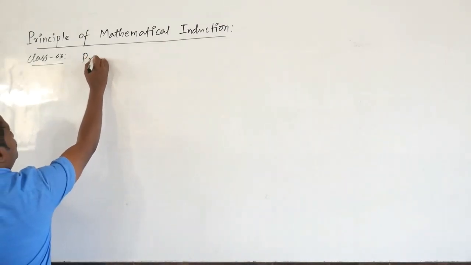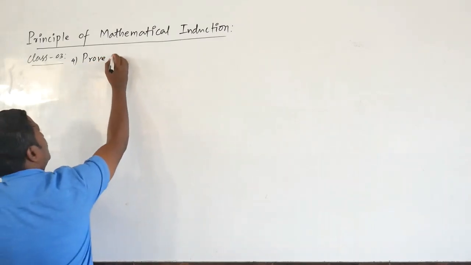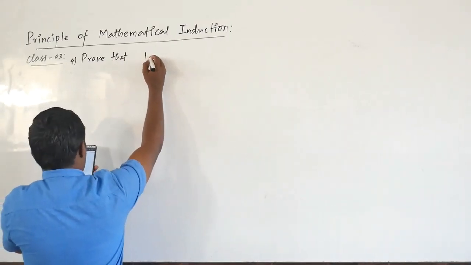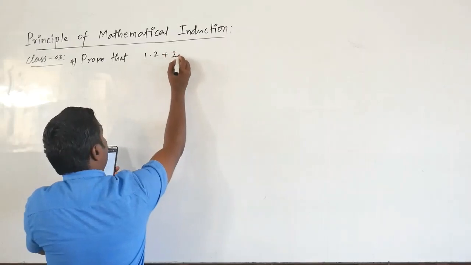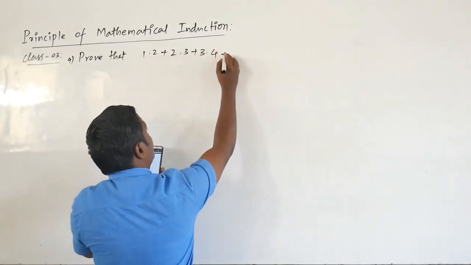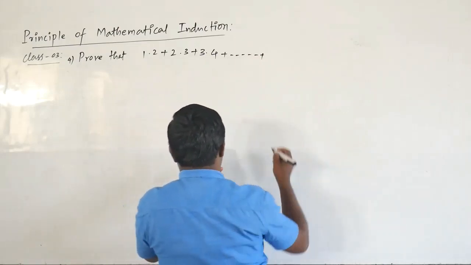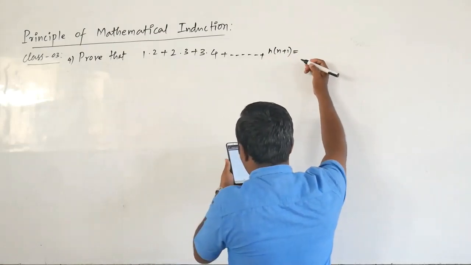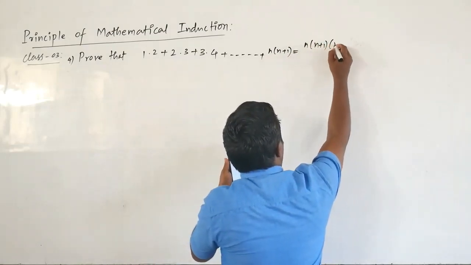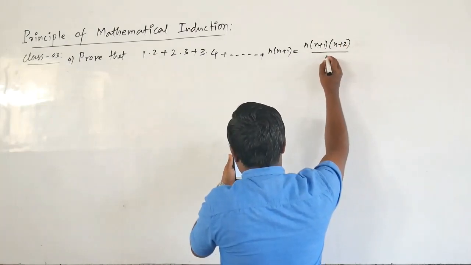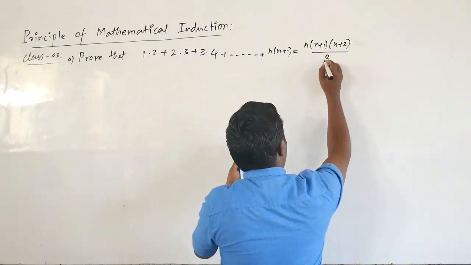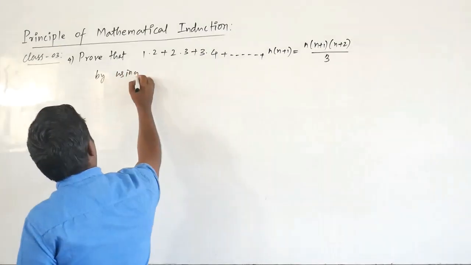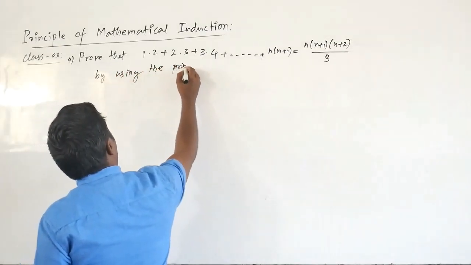Example number 4. Prove that 1 into 2 plus 2 into 3 plus 3 into 4 plus and so on plus n into n plus 1 is equal to n into n plus 1 into n plus 2 by 3, by using the principle of mathematical induction.